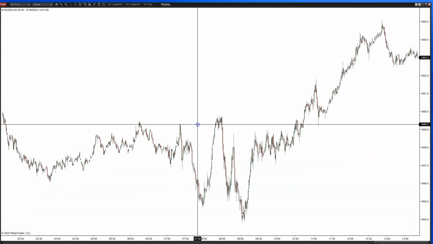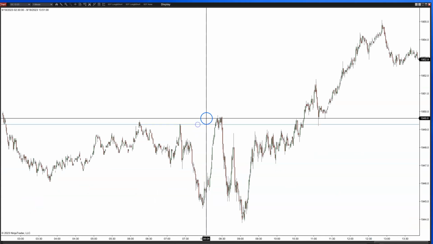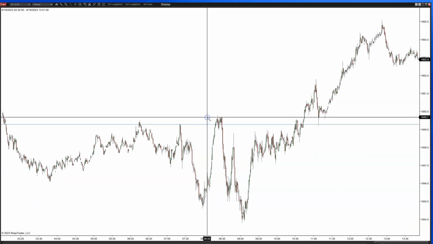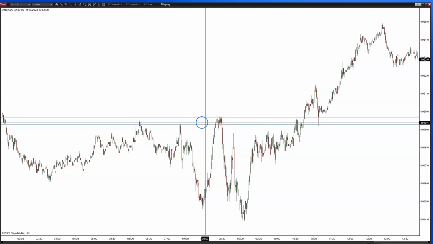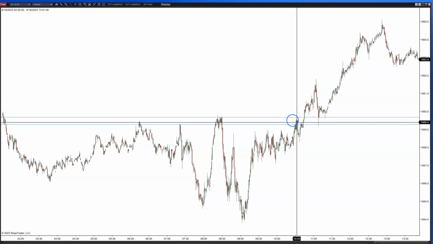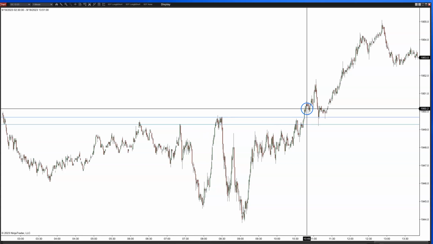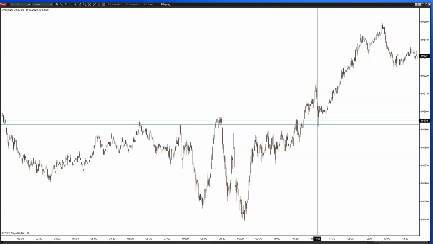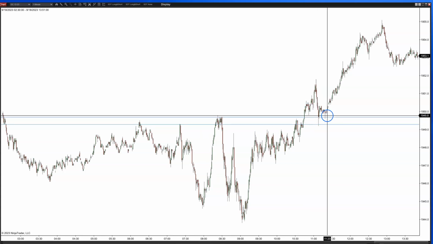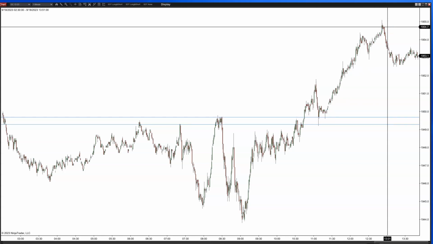Here, this was your resistance earlier, basically, right here. From here to here, breakout right here, pull back into your now support to go much higher.